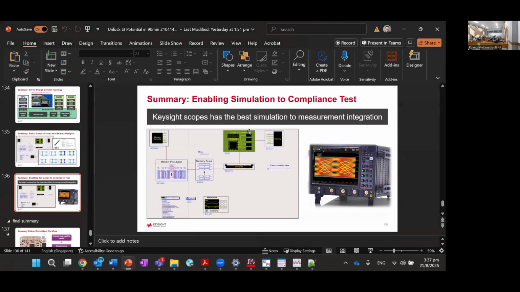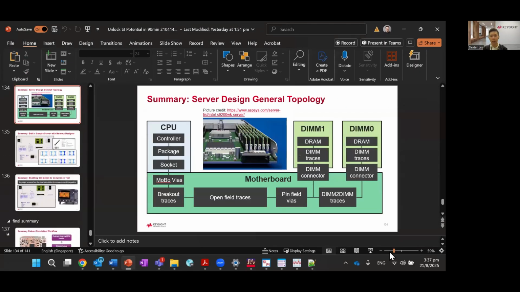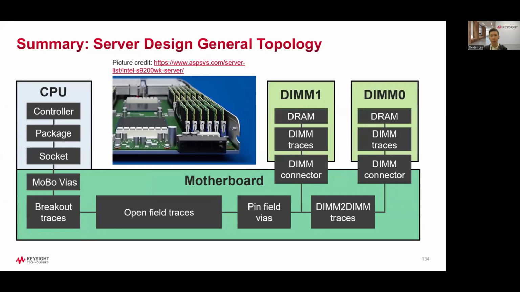Okay, any questions? I think this is the last part for part two. We briefly took a look at how we can run memory design simulation. Of course, there's much more we can work with, such as dual rank when it comes to DDR.